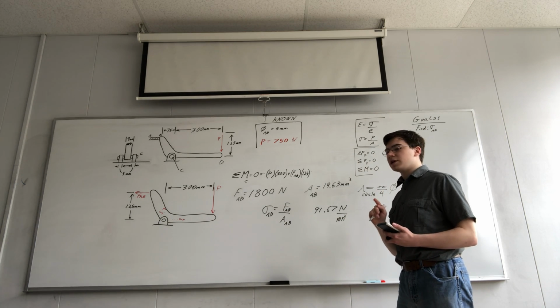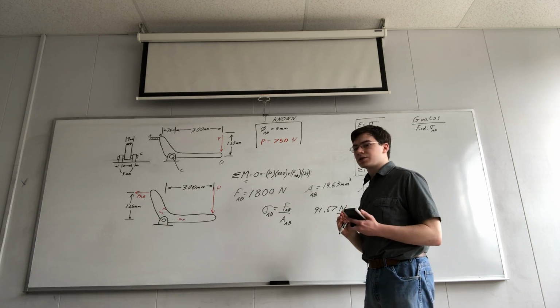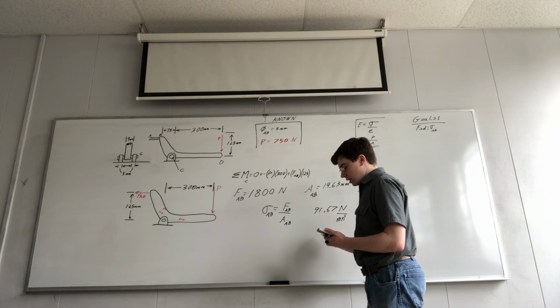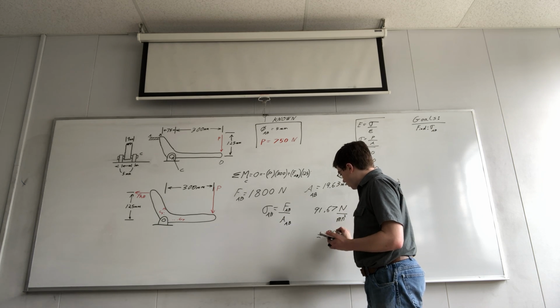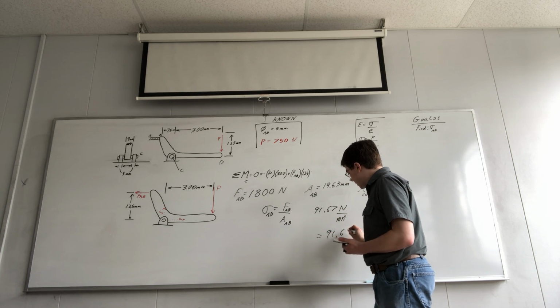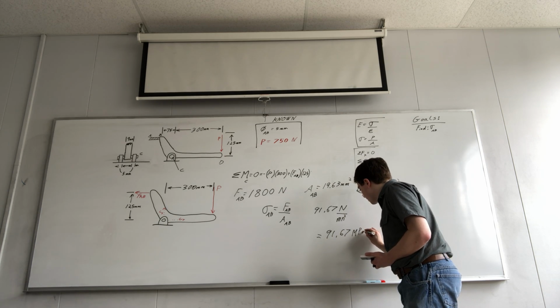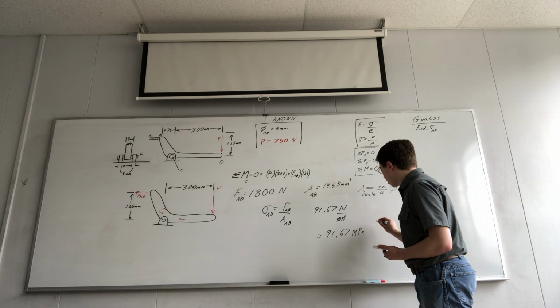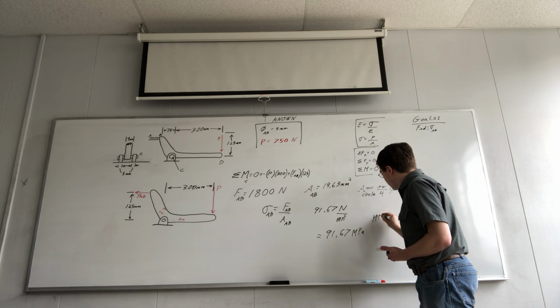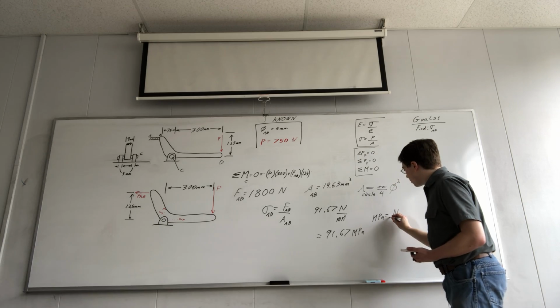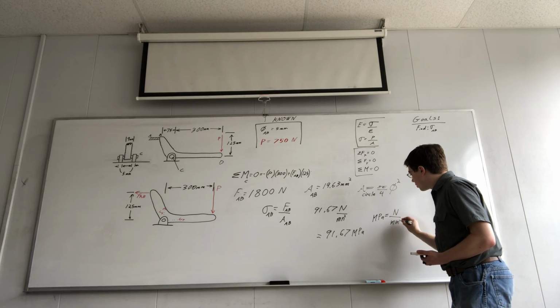Or, because this is a stress and we're dealing with pressure, it is equal to 91.67 megapascals, because a megapascal, as we already learned, uses the units newton divided by millimeter squared.